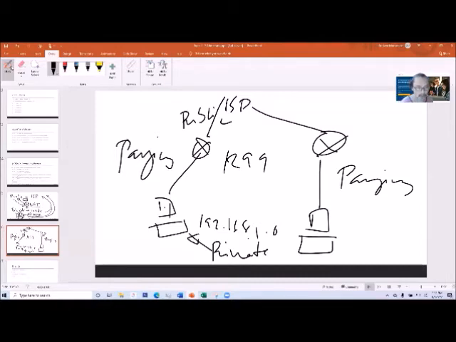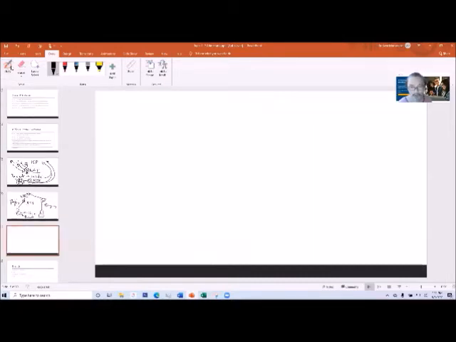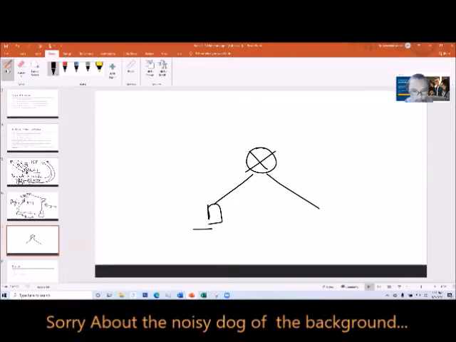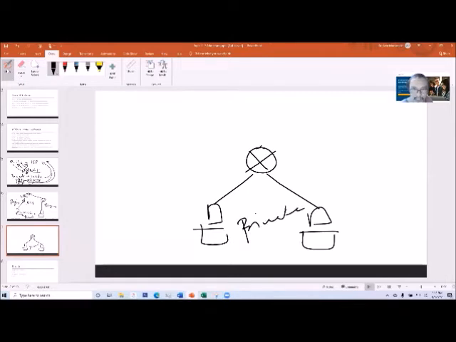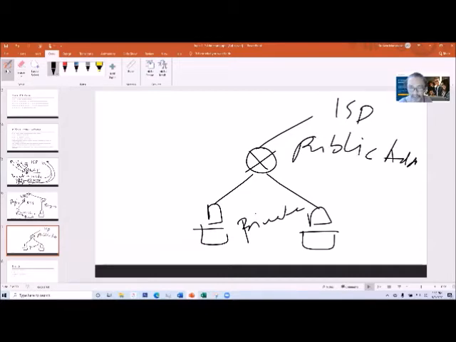If instead you have only one router connected to two PCs, and these two PCs bear private addresses, and this is connected to the ISP, take note, the ISP gives you a public address, and you already have the private addresses.